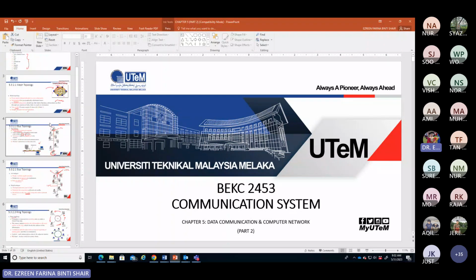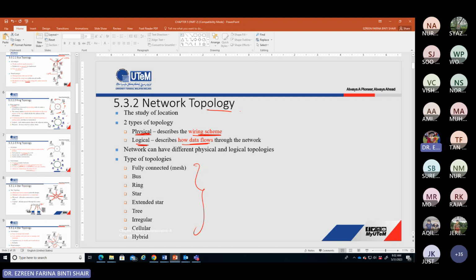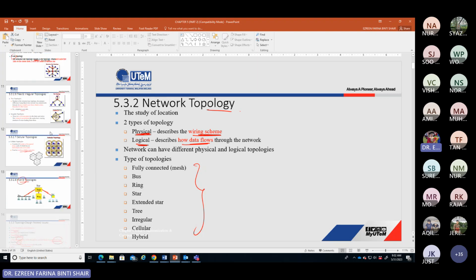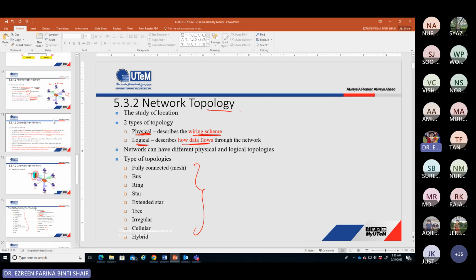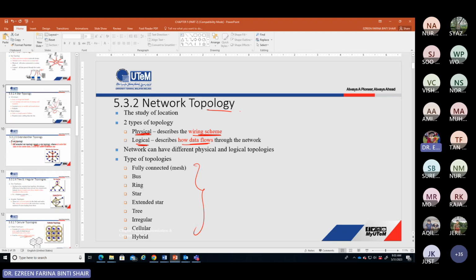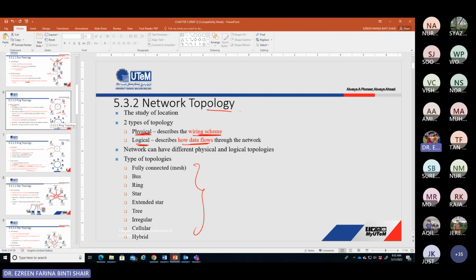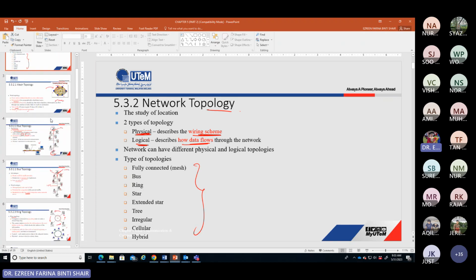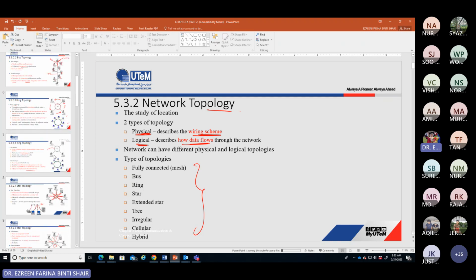All of these network topologies, we have 1, 2, 3, 4, 5, 6, 7, 8, 9. You should be able to explain and differentiate between these topologies, and given a situation, you should be able to decide which topology is the best to be used, and explain why you said that the topology is the best.